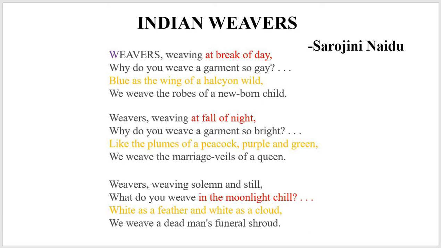When the poetess asks the question why they are weaving solemn and still in the moonlight chill, they tell that they are weaving the cloth of a dead man's funeral shroud.